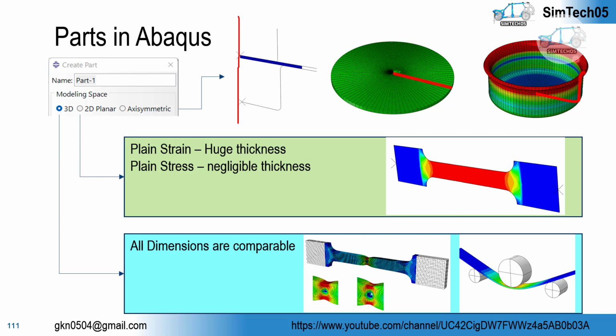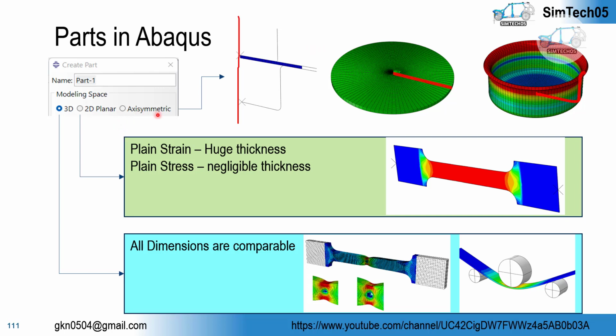Here it is a forming analysis, but here you can see there are lots of elements, even thousands of elements, and in this plate we have only a few hundred elements, and the accuracy of the result in the first case and third case is almost similar. So again, as an engineer, if we can simplify our problem, we have to simplify, and that's why we have axisymmetric options here.